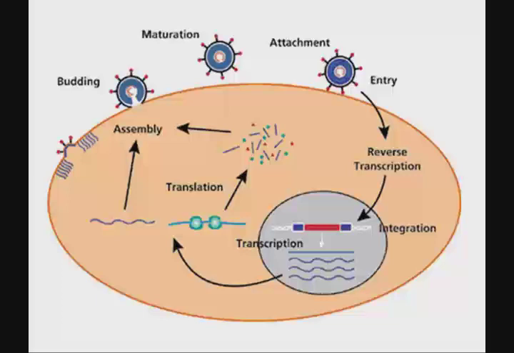Because in the dogma of molecular biology, we talk about going from DNA to RNA to protein to trait. Well, reverse transcriptase is a protein that takes RNA back to DNA. It goes RNA to DNA. Reverse transcriptase. Okay, reverse transcription. That DNA that is the product of reverse transcriptase can then be integrated into the host cell genome, and then it can be transcribed and translated by the regular dogma to make more viral particles.